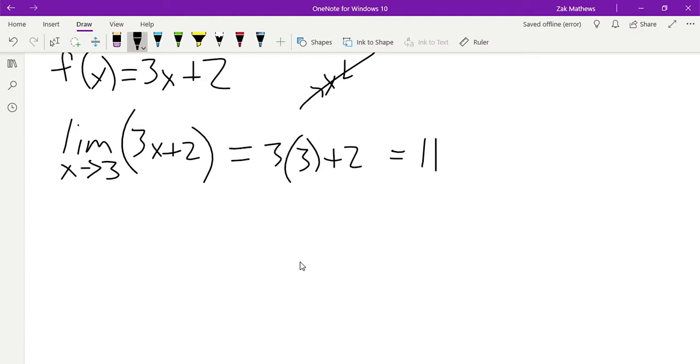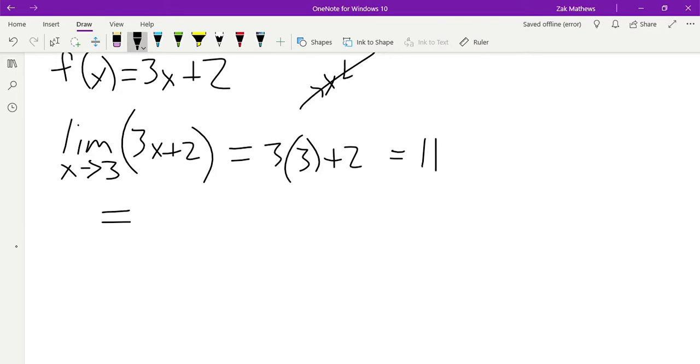Remember our limit laws: we have the sum rule, the difference rule, the constant multiple rule, the product, the quotient, power, and the root rule. Definitely look these up on your own and make sure that we know what they are. What these tell us is we can break these limits down into very simple pieces. So I'm going to take the same limit and calculate it again.